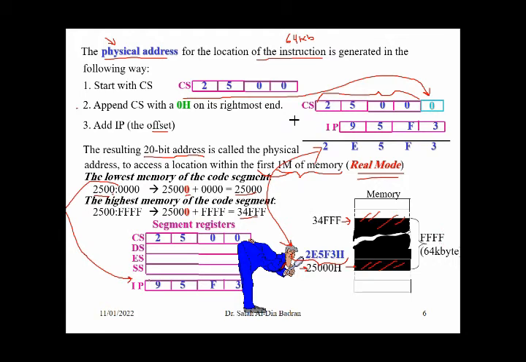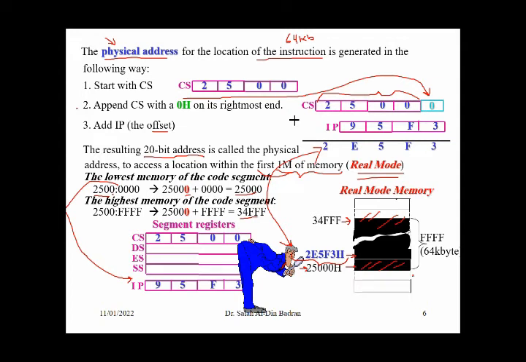And see where the IP is. This is exactly the location of the previous example. It's inside the 64. So you will always get your location within 64 kilobytes of memory space.